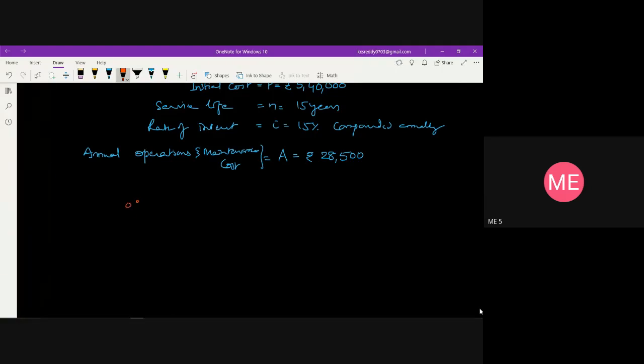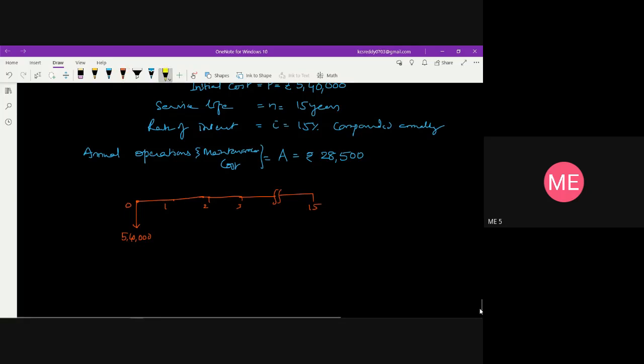At time 0, we have the initial cost of rupees 5,40,000. Then at the end of first year, I have the annual maintenance cost, and at the end of second year, then third year, then finally at the end of 15th year.